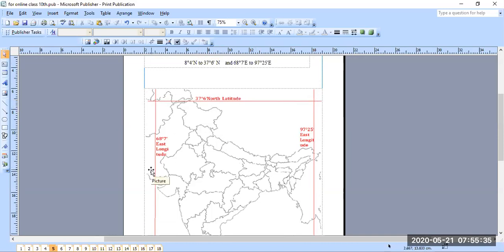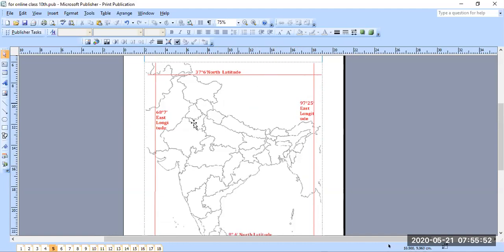And in terms of east longitude, because we lie in the eastern hemisphere, it is 68 degrees 7 minutes east to 97 degrees 25 minutes east. This is the north-south and eastern extent of India.